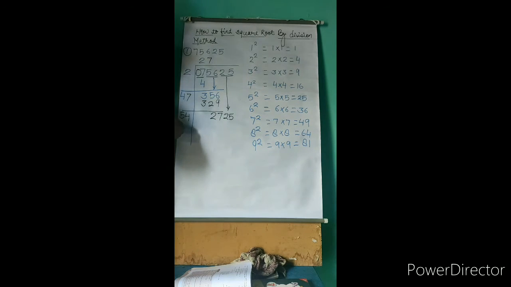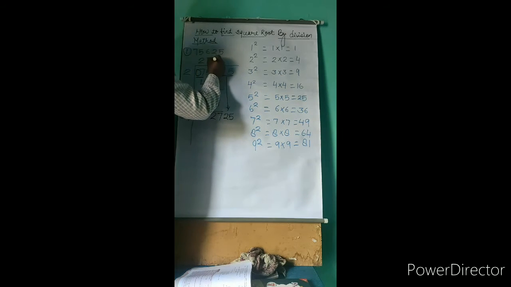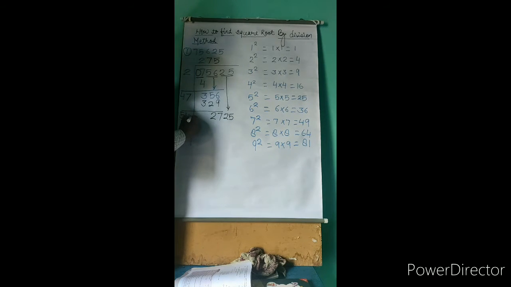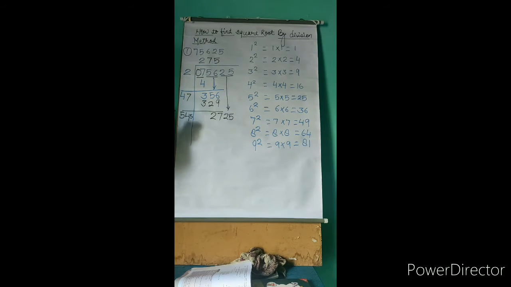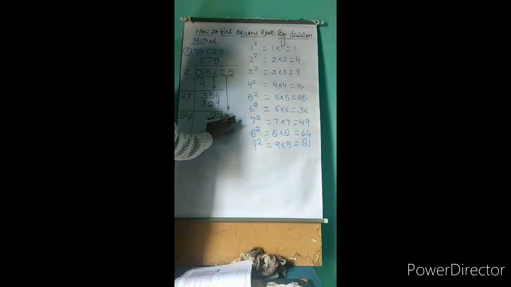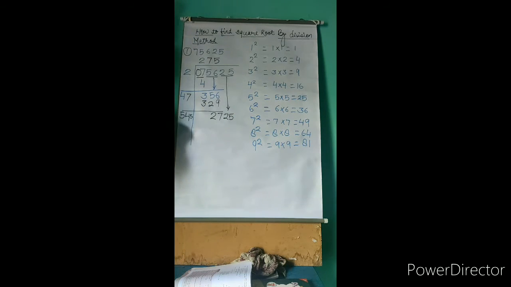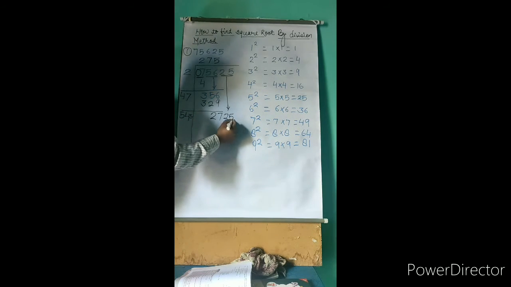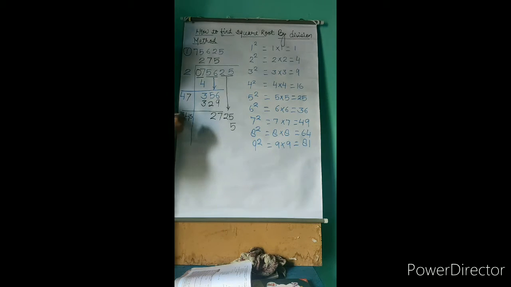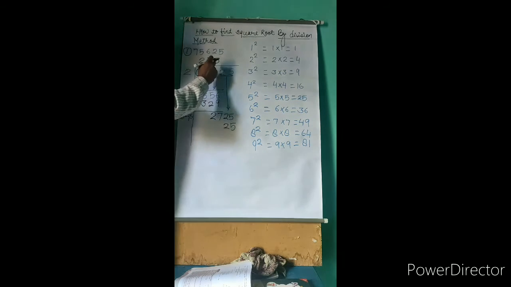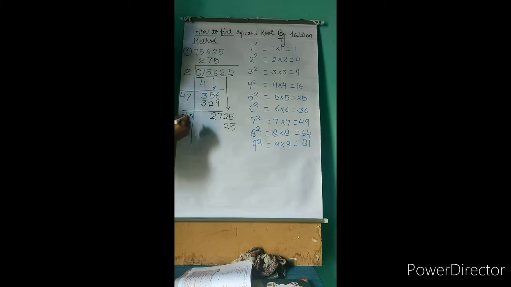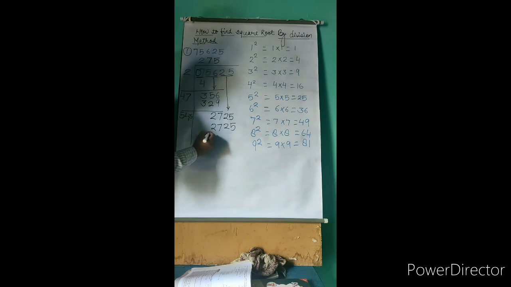I am going to place 5 here, and here also I place 5. 5 5s are 25, 5 4s are 20 plus 2, 22. 5 5s are 25 plus 2, 27. It came exact.